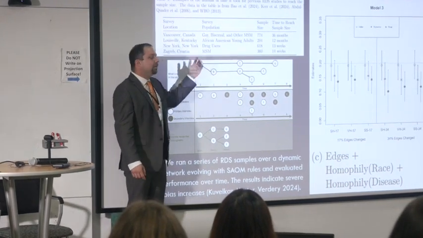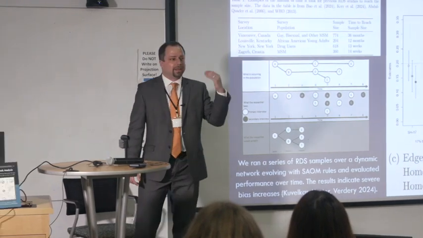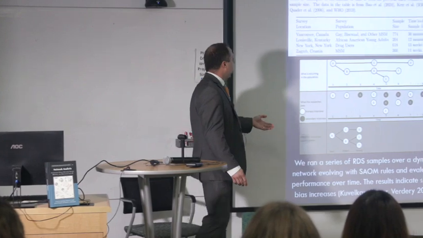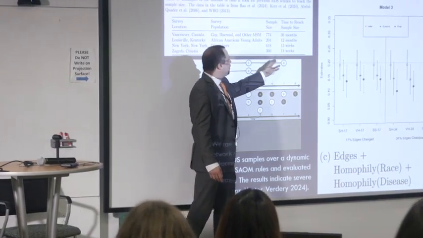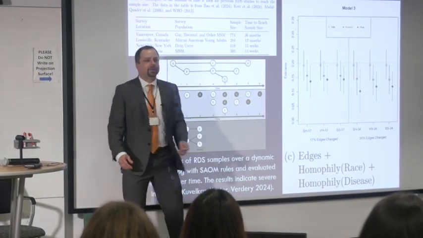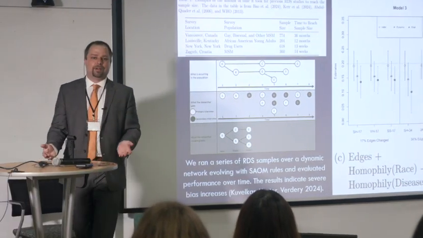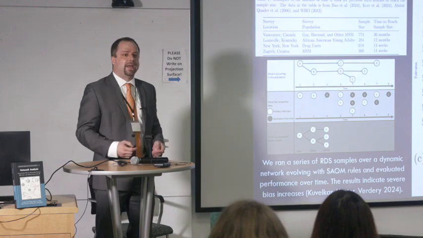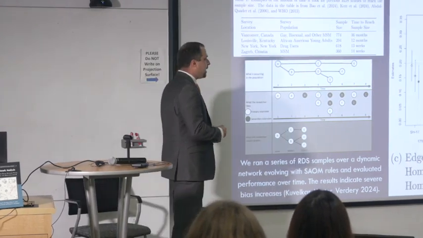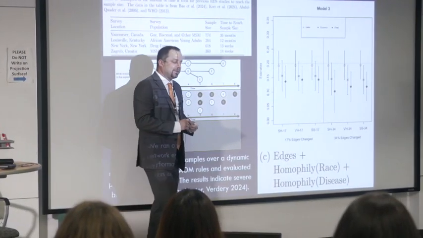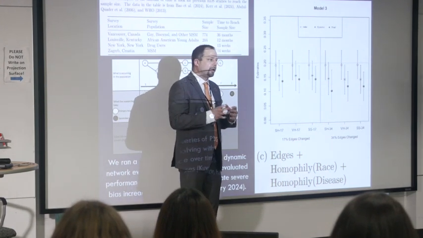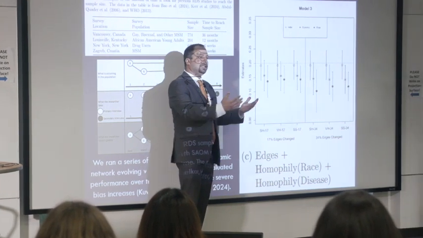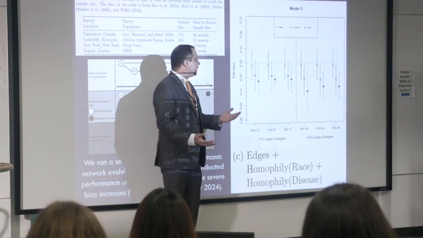We looked at a few different RDS studies, just to see, can we find any that were taking egregiously long periods of time? We found a few, and there are more, but this one took 3 years to fulfill the sample size, in which case the network might have changed really dramatically over that period. So we did a variety of tests using stochastic actor-oriented models on an underlying network. As that network changes, how much does RDS lead to biases from the population parameter?